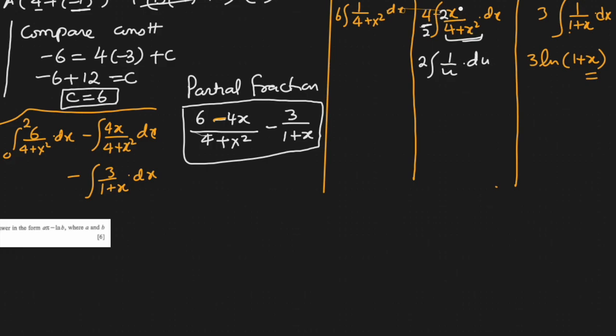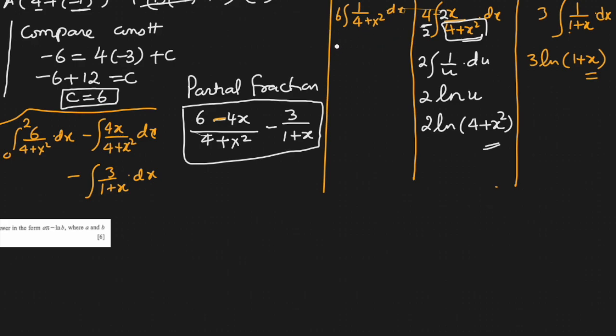Whenever the numerator is the differentiation of the denominator, we can write 1 over u du format, and it will be 2 natural log u, where u is the denominator. So it becomes 2 natural log 4 plus x square. This is also done.